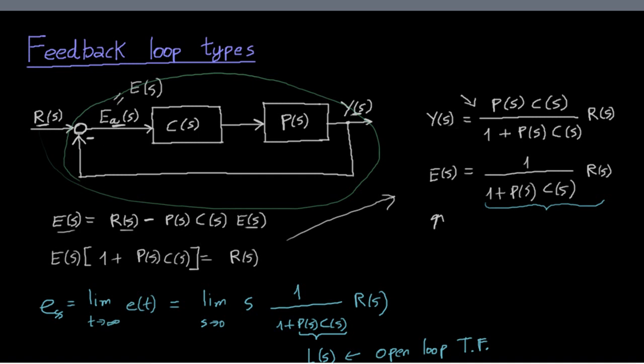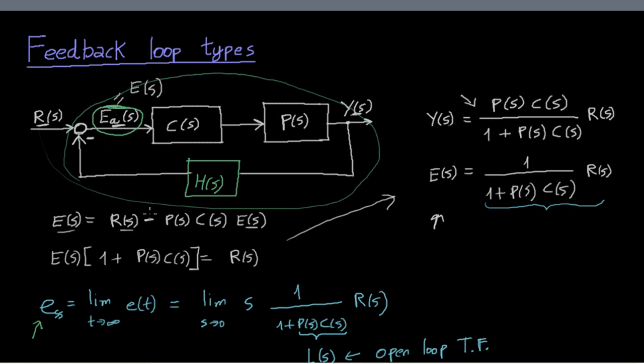And in fact, these results we just got are true in general for systems with non-unity feedback, for example, with this H of S, this sensor dynamics. But they are true as long as we consider that these errors here are referring to the acting error.